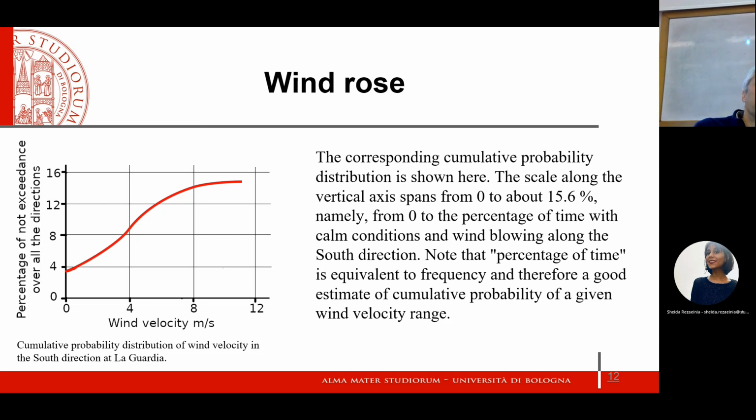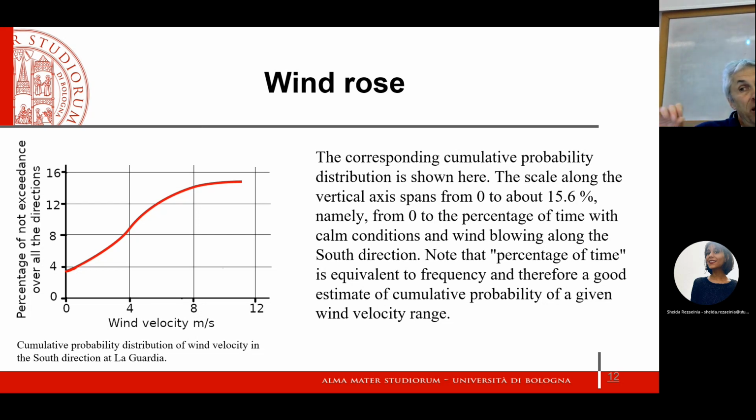So if I have 100 years of observations and I want to estimate the extreme wind for a return period of 200 years, I can use the probability distribution, but I need to extrapolate it. Because if I take only the highest value, as I said, it corresponds to a return period of 100. If I want to estimate the value for a higher return period, I am extrapolating.